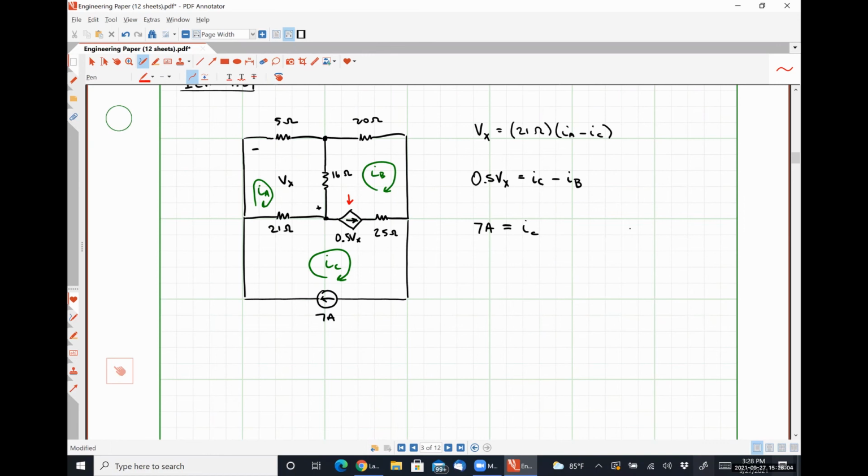Okay. So how am I going to write my Kirchhoff's voltage law equation for mesh A? IA times 5 ohms. All right.